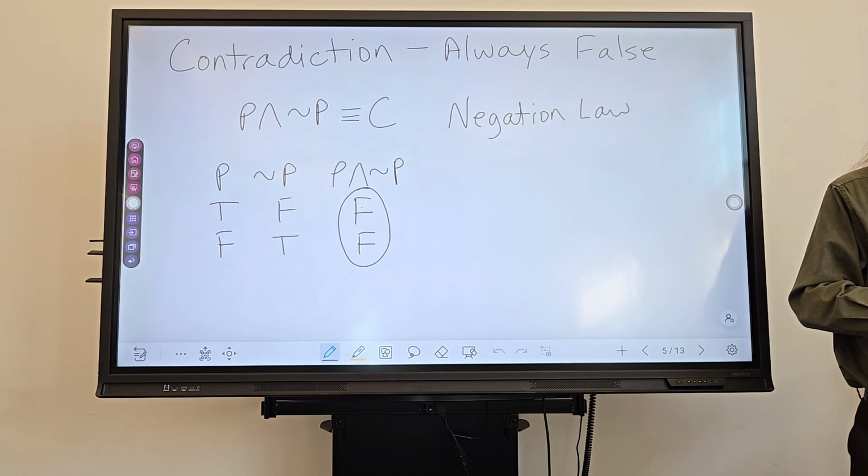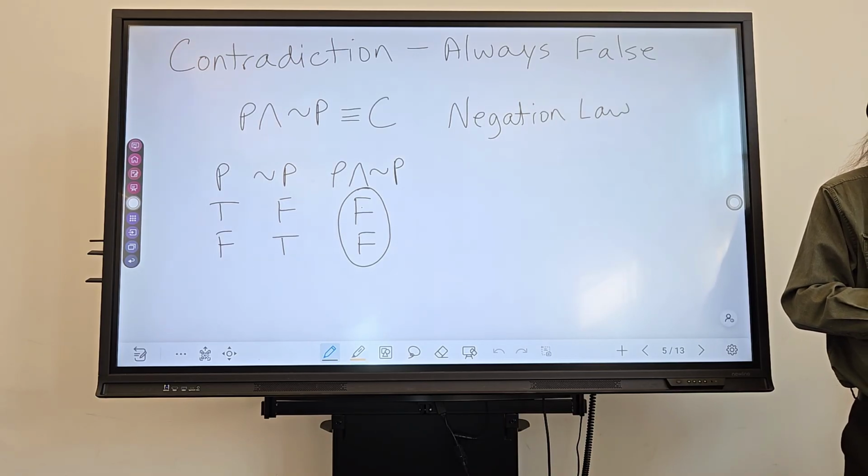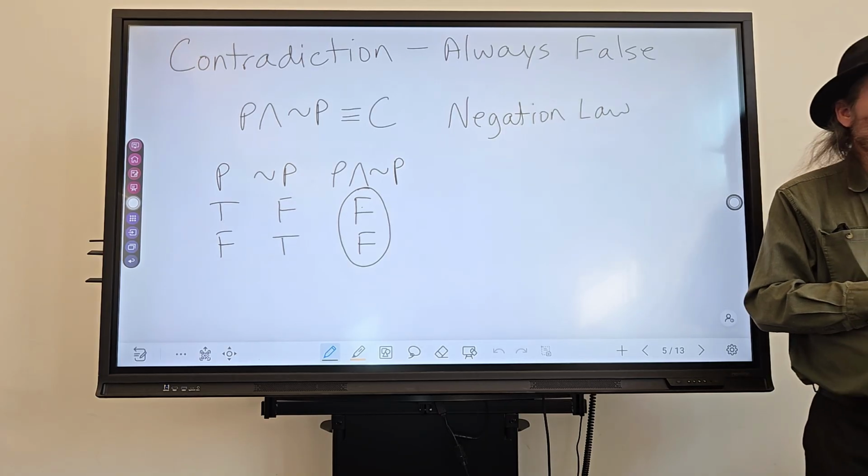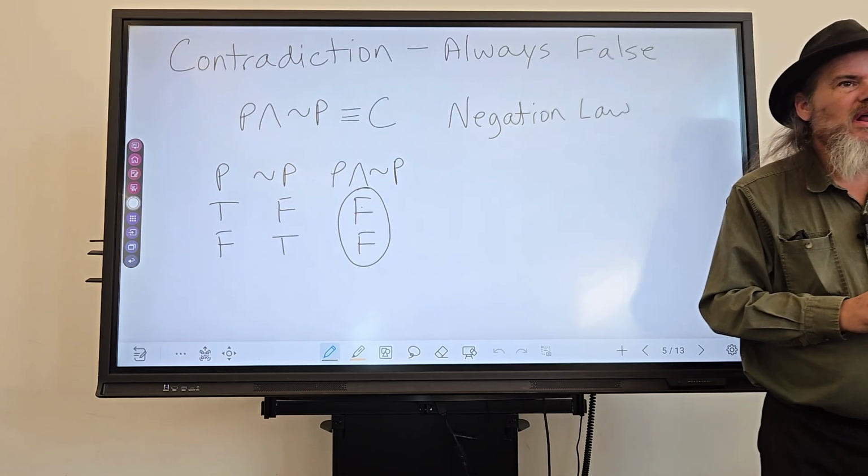Both can't be true, not at the same time, because a statement is either true or false, not both.